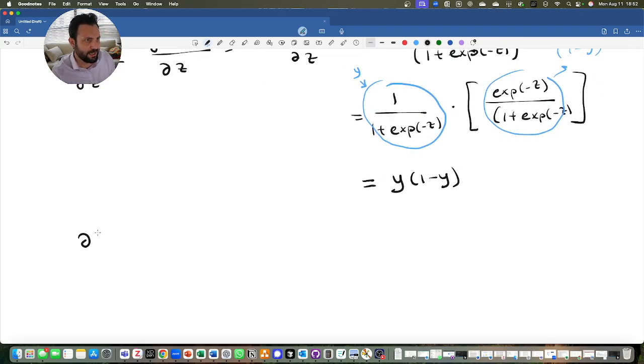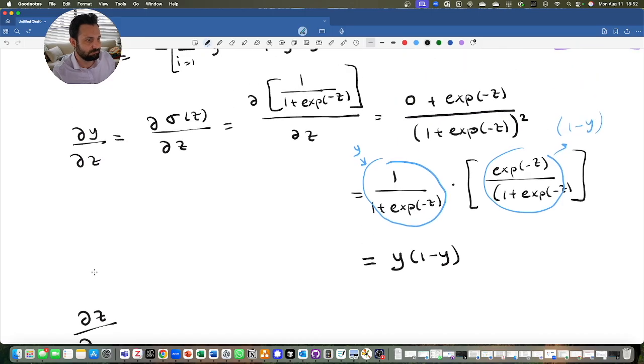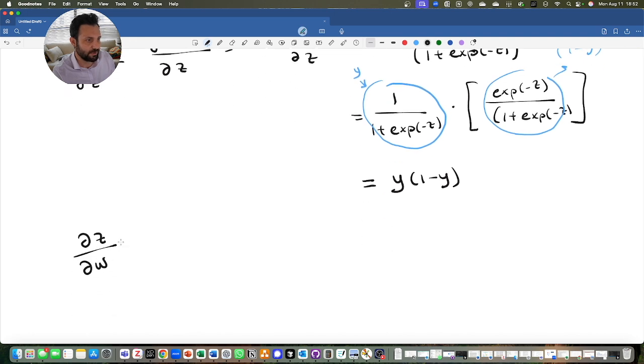And let's go ahead and write the last term, dz over dw. d of h transpose w divided by dw is nothing but, whoops, it's h.